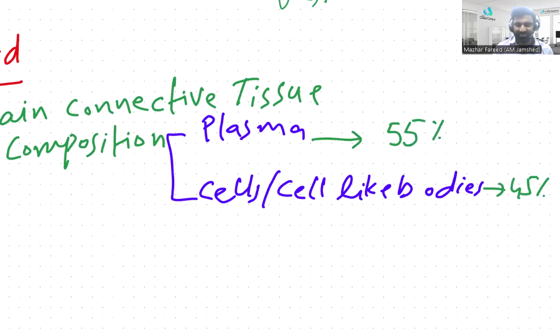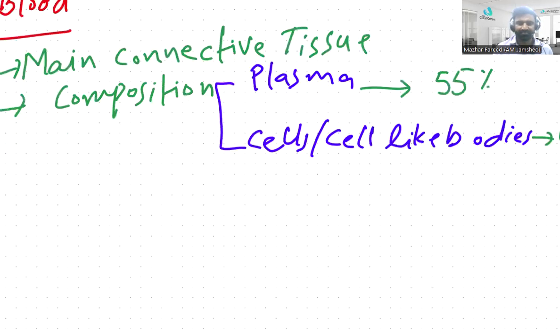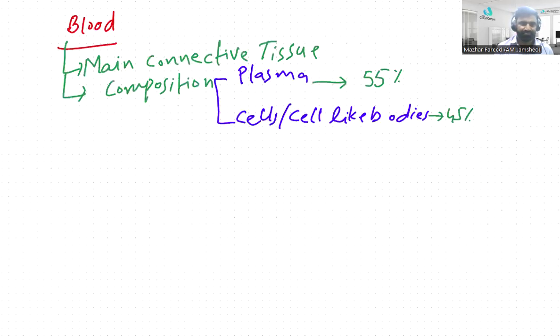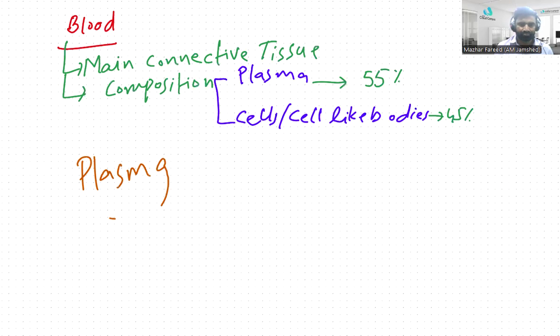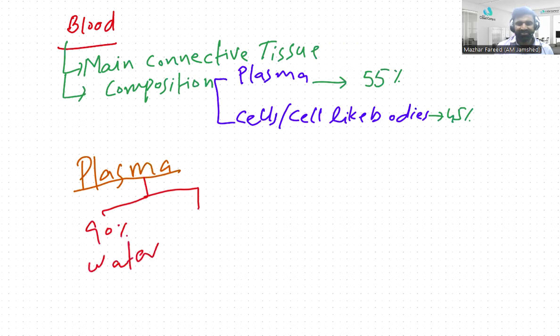Firstly, we have to discuss the plasma. What is plasma? Plasma is the main component of blood, and we see its composition: it contains 90% water and 10% dissolved substances.